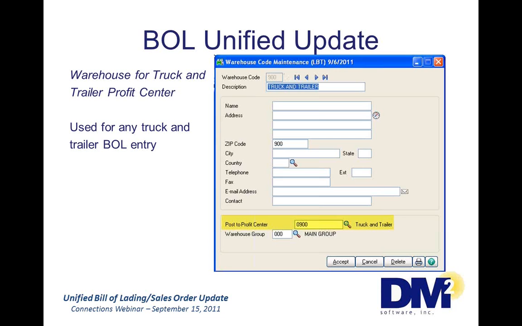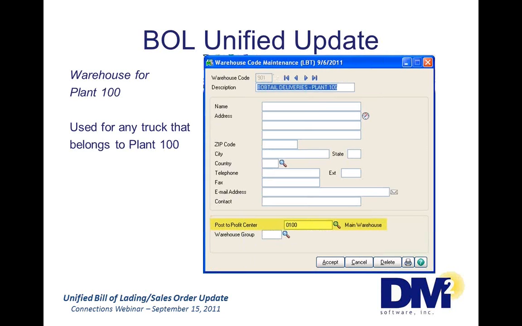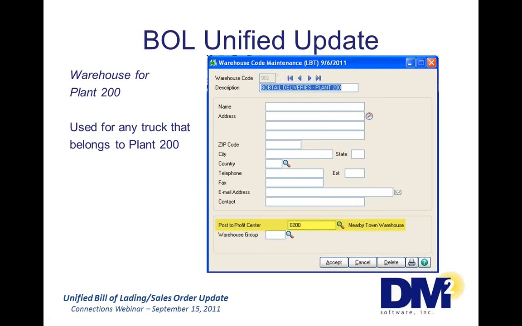This is what you would use for any bobtail deliveries for plant 100 that flow through bill of lading. As you can see, any sale is going to go to profit center 100, and the same for warehouse or plant 200. Anything that has a sale with this warehouse will flow to the profit center for warehouse 200.